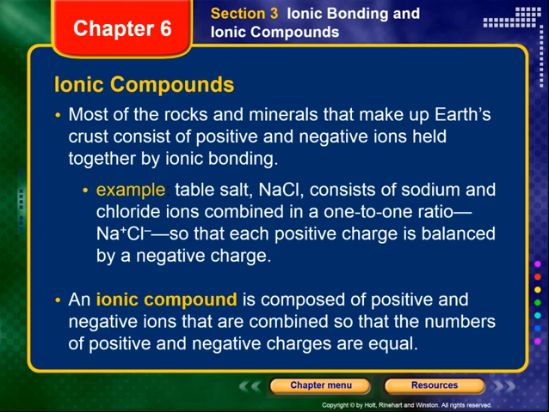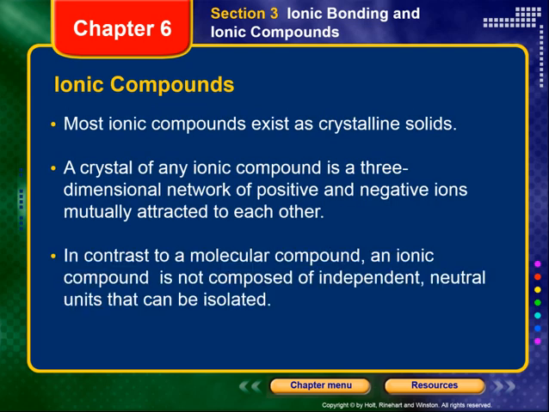An ionic compound is composed of positive and negative ions that are combined so that the numbers of positive and negative charges are equal. Now that fact is going to be foundational for this chapter, next chapter, and all the following chapters, because we have to remember that when constructing the formula for an ionic compound, the overall charge must be neutral because there are equal numbers of positive and negative charges.